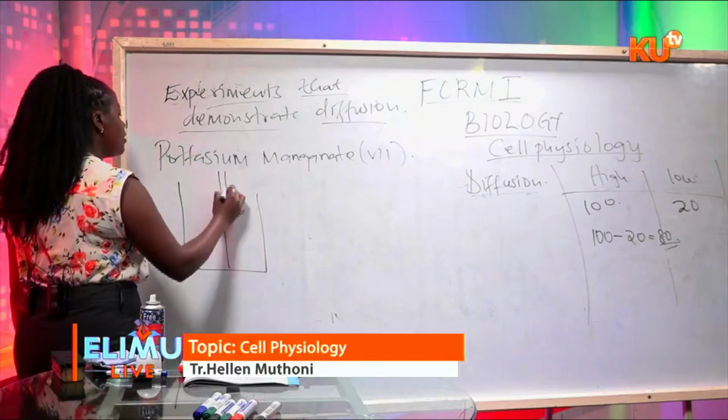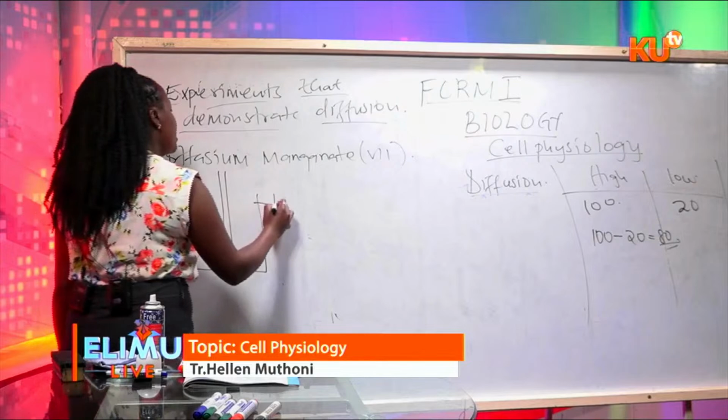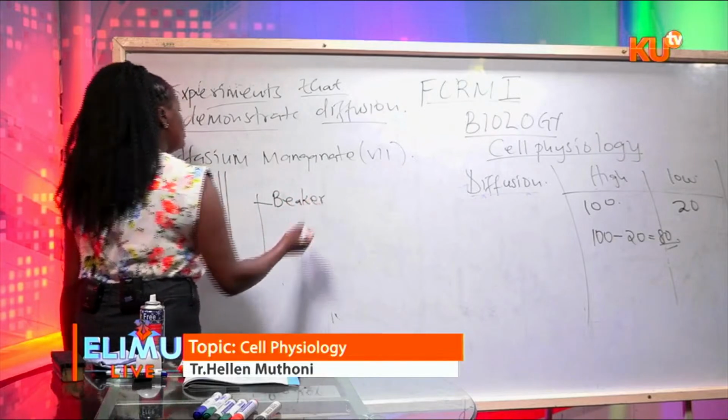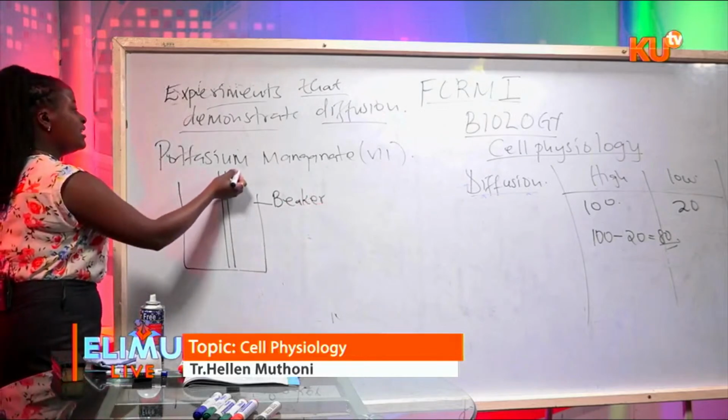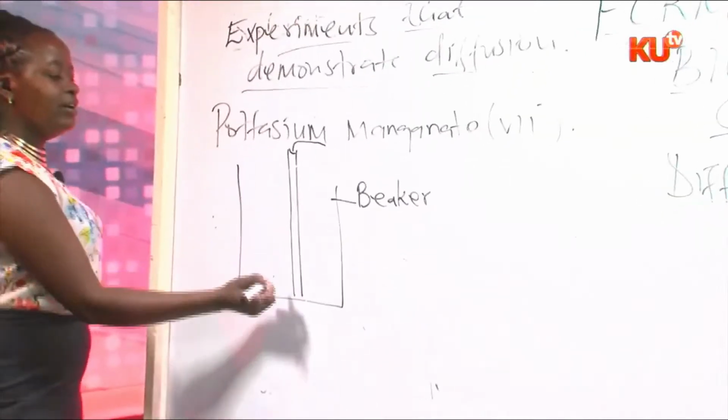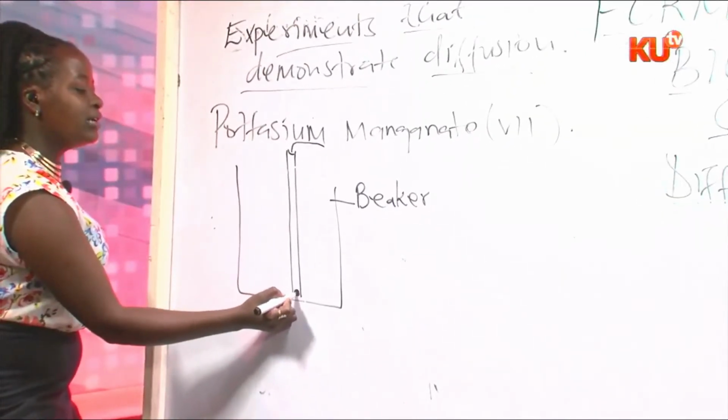This is a glass rod, and this is an empty beaker. The crystal is put inside the glass rod until it falls to the lower region. So this is the crystal.